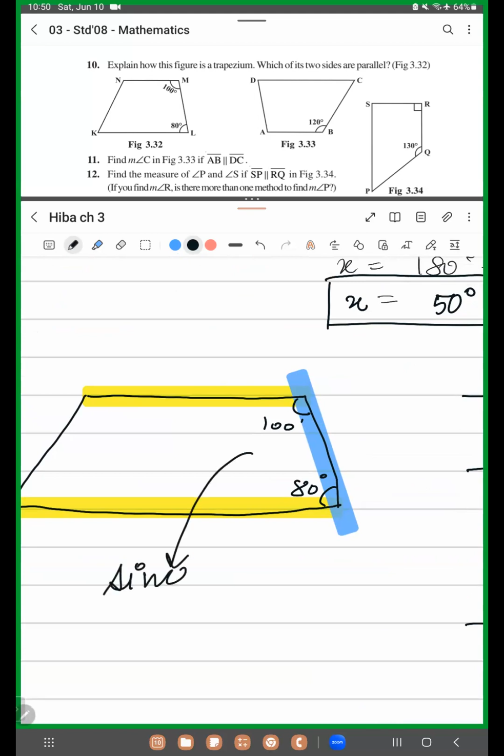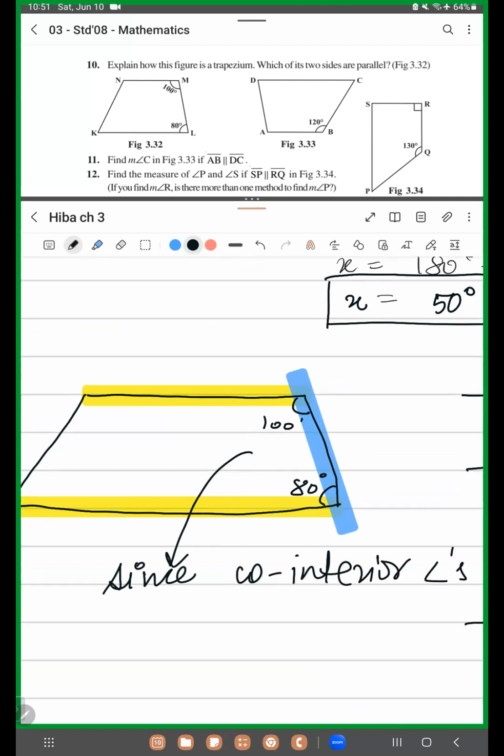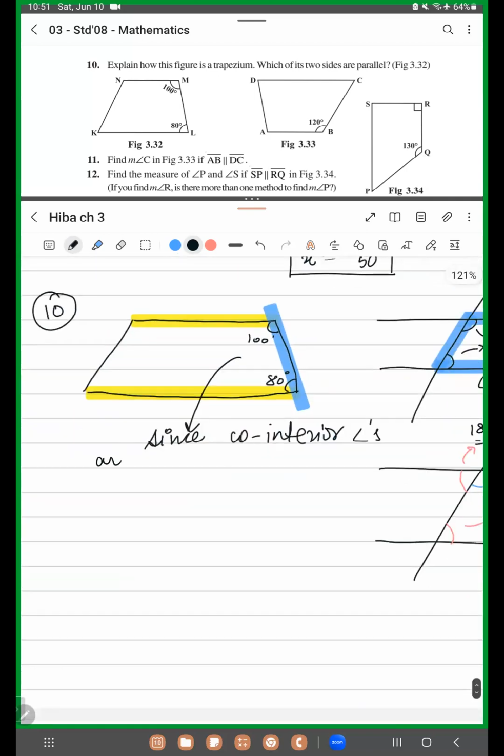Since interior or rather co-interior angles are supplementary because 100 plus 80 is what? 180. Hence, these two are parallel lines. Are parallel. Getting it?